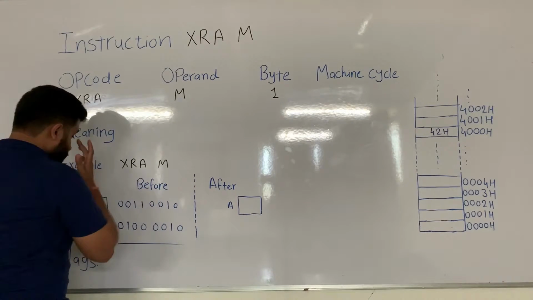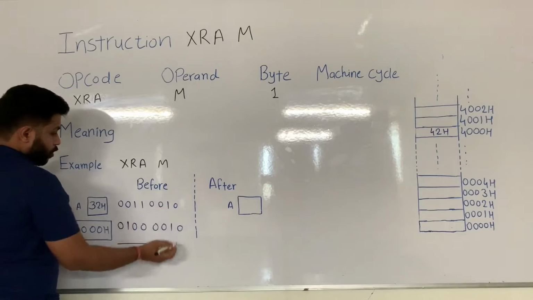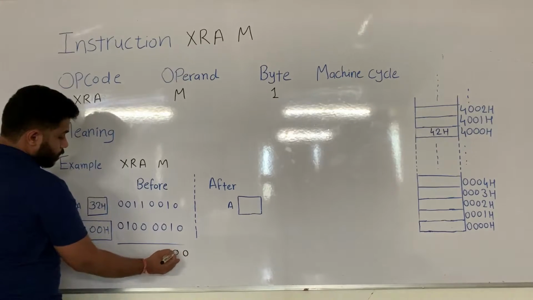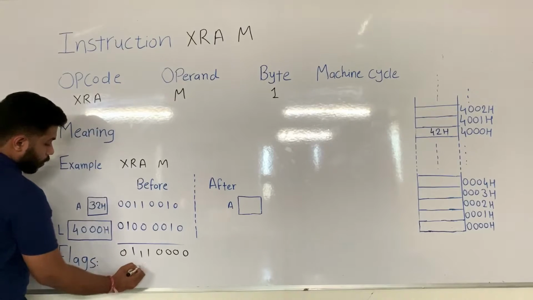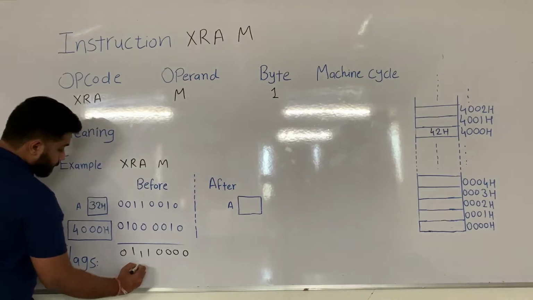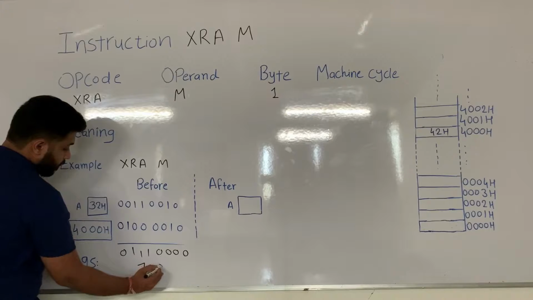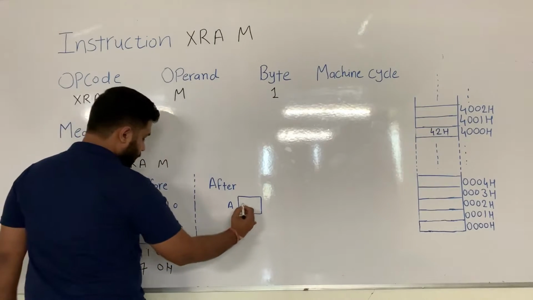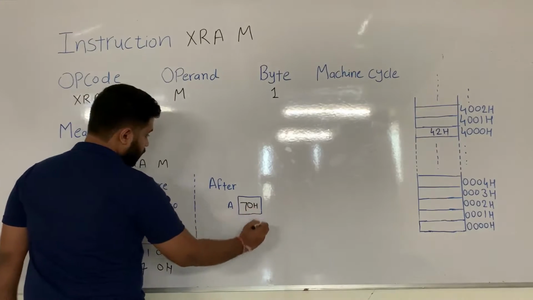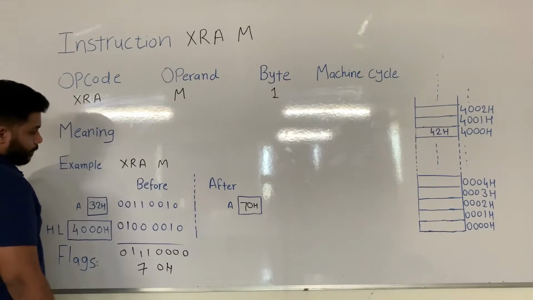So let's perform the XOR operation: 0, 0, 0, 0, 1, 1, 1 and 0. If you convert into hexadecimal, you will get 70H. So after the execution, the answer in the accumulator will be 70H.